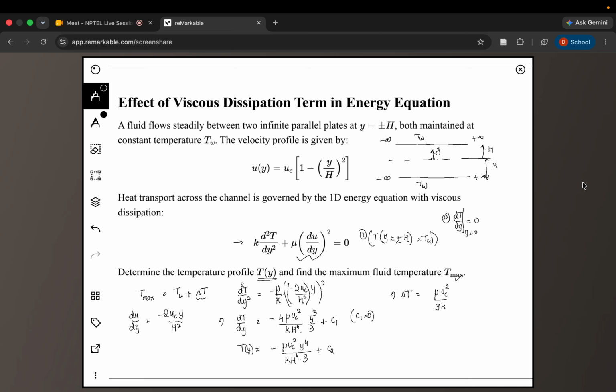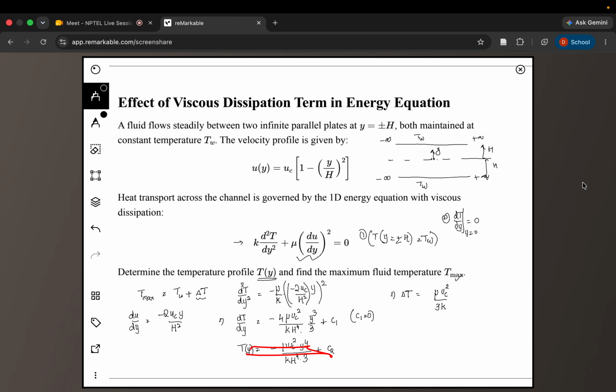So we have the velocity profile. First, you would calculate du dy. Then we would substitute that in this equation, and then we integrate it twice. So for the first integration, we have C1. We know the maximum occurs at the center, or because of symmetry, we can set dT/dy at y equal to 0 to be 0. So C1 has to be 0. And again, we integrate it. Then we get T of y as this expression.